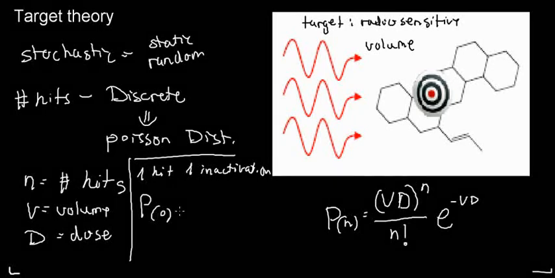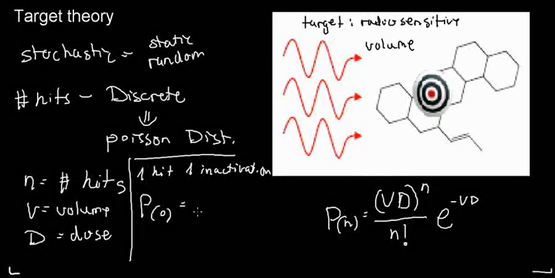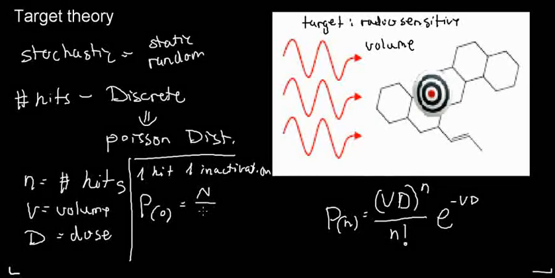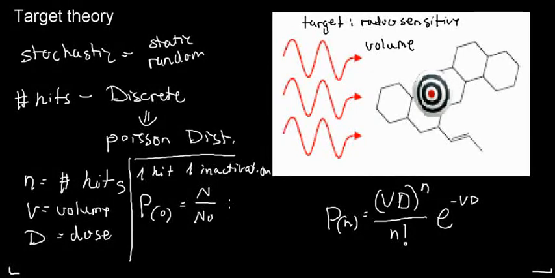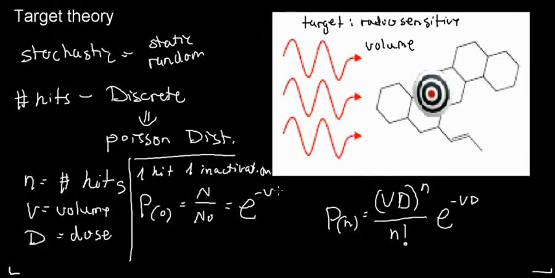So really the probability of attaining 0 hits in the case of 1 hit causes 1 inactivation, or my surviving fraction of molecules, my surviving fraction of organisms, you can say, is equal to this exponent. What this really means is that if 1 hit causes inactivation, my number of surviving organisms can be calculated by this thing. And this is just something that you need to understand. It's just an industry standard.